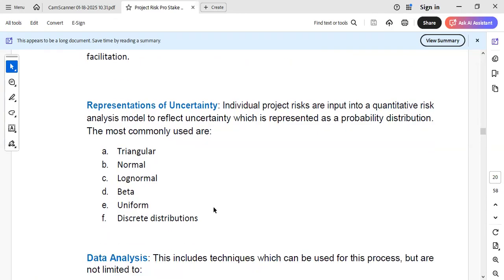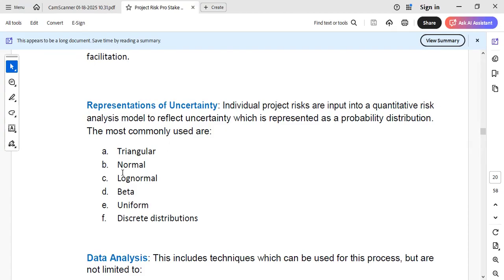So when you want to present uncertainties, what do we mean? You have identified things. You're looking at the individual project risks. You look at the input into the quantitative risk analysis, looking at the model that will enable you to reflect these uncertainties. There are lots of distributions we can see in these machines.